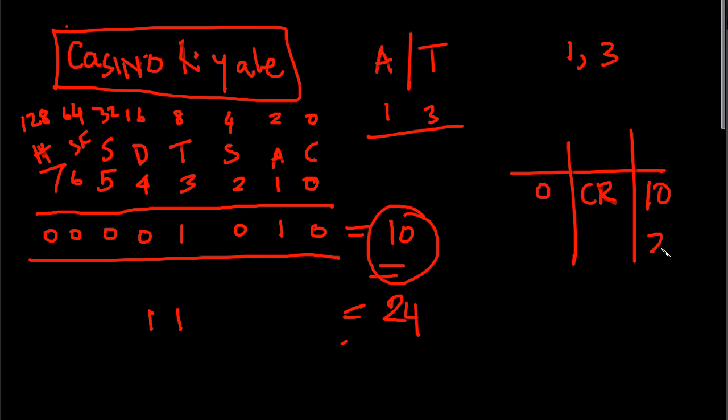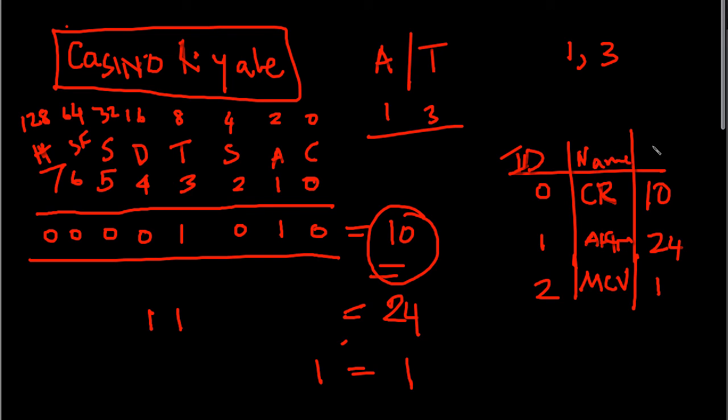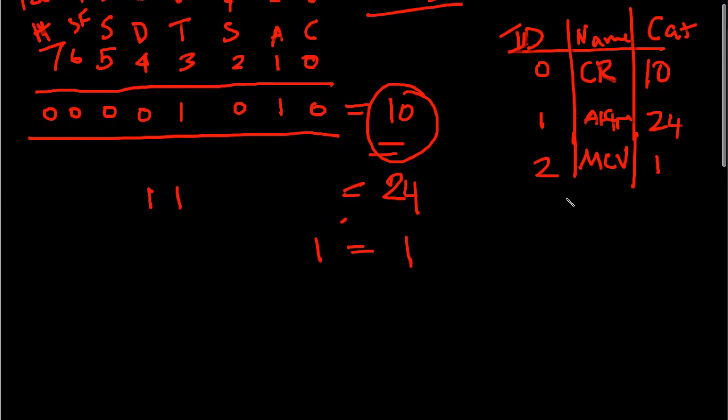So now I can represent A Few Good Men as 24. And again, for My Cousin Vinny, since it's a comedy, I just set that bit. So this is my movie ID, this is my movie name, and then this is my category.